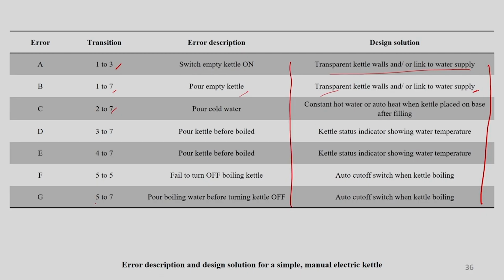Okay, 5 to 7, if you are skipping from 5 to 7, so pouring the boiling water before turning off the switch, so auto cut off. As soon as you take that kettle out, the power will be auto cut. Okay, so there will be less chance of accident. So, you understand that boiling a glass of water in a particular electrical kettle looks very, very simple.